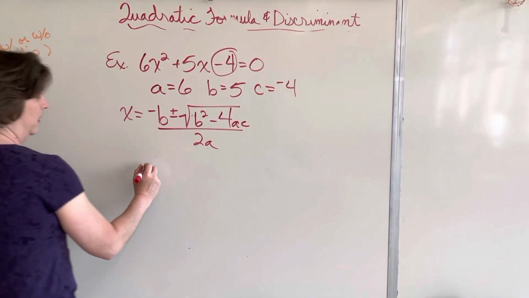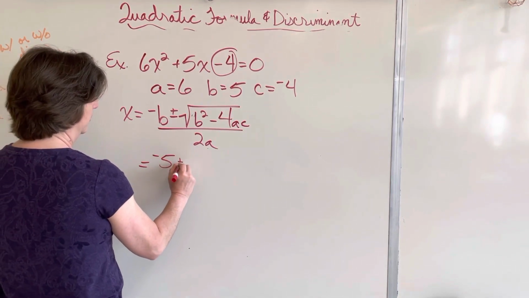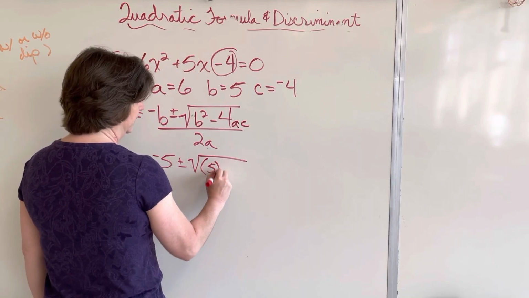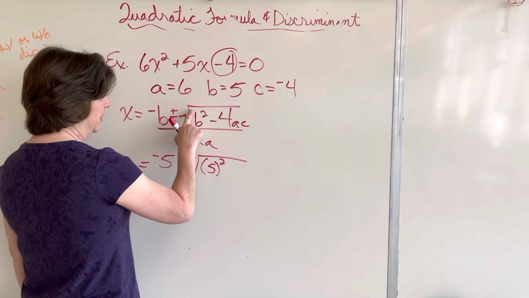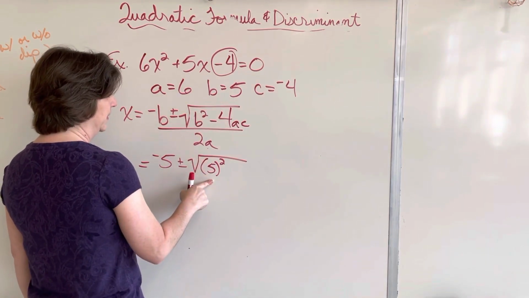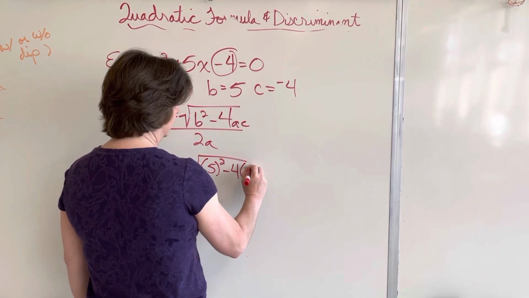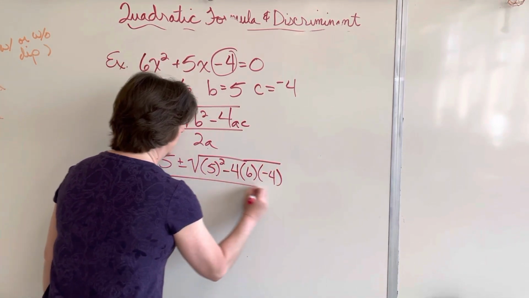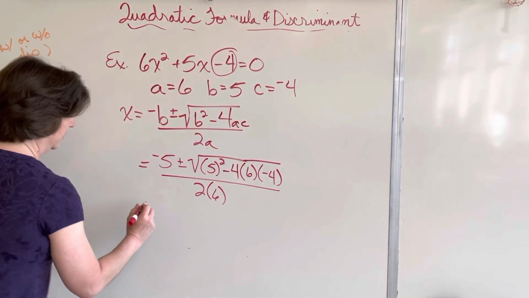All right, negative b, negative 5, plus or minus the square root of, your b is going to go in parentheses, so if it's a negative 3, it would be negative 3 times negative 3. Make sure you put b in parentheses before you square it. Minus 4, a is 6, c is negative 4, all over 2 and a is 6.